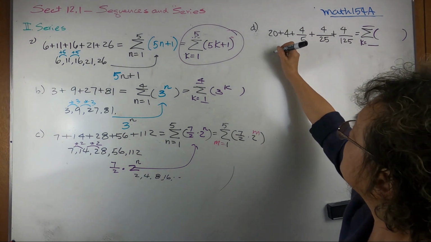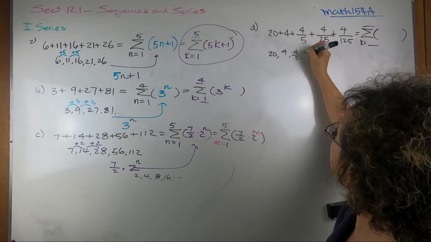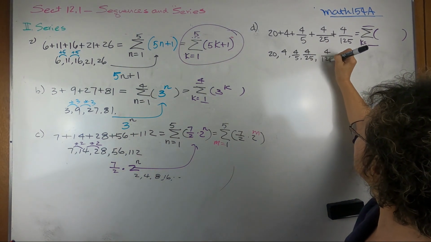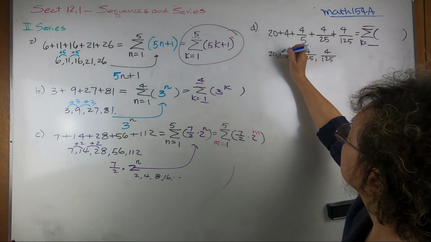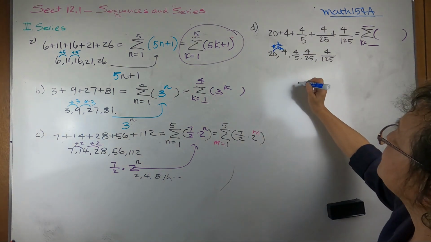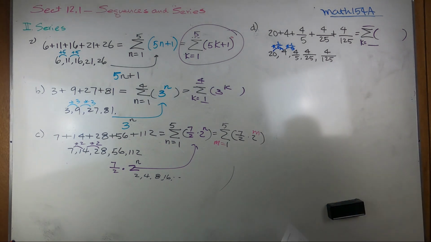Okay? So our sequence is this one. Is it by multiplying or by adding? Let's see. It's by multiplying. Actually, multiply by what? 1/5. Is that right? Yes. Okay.